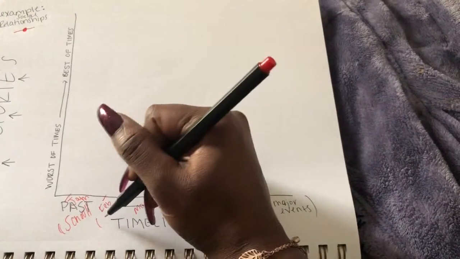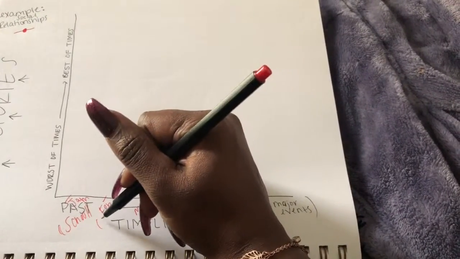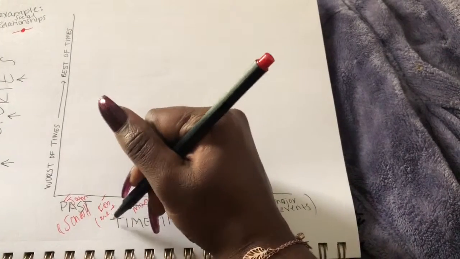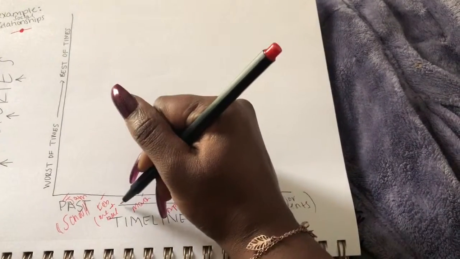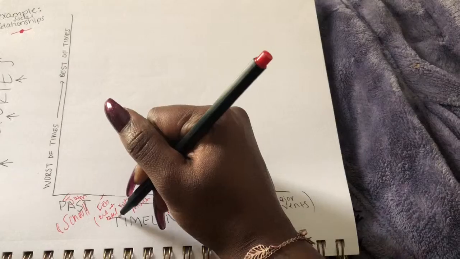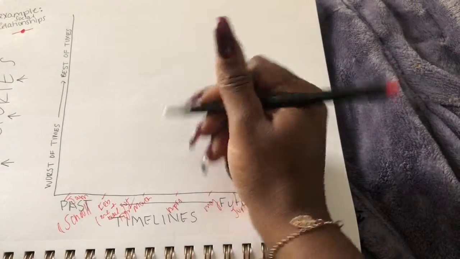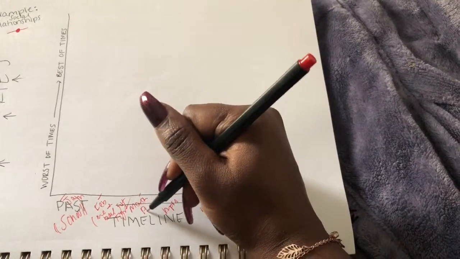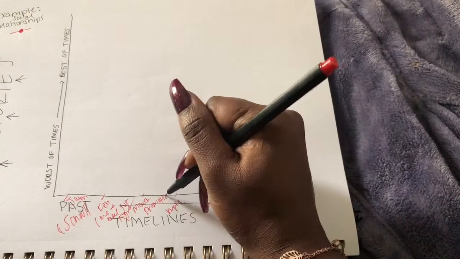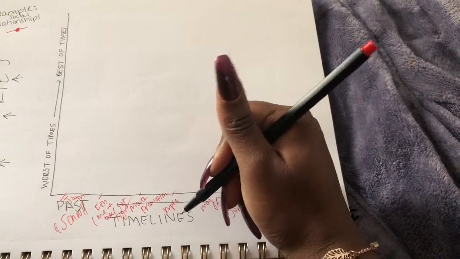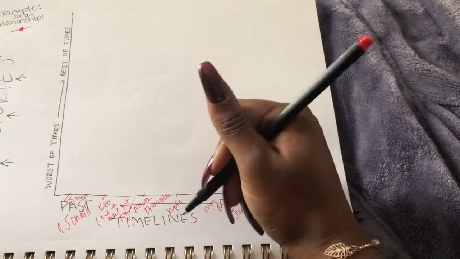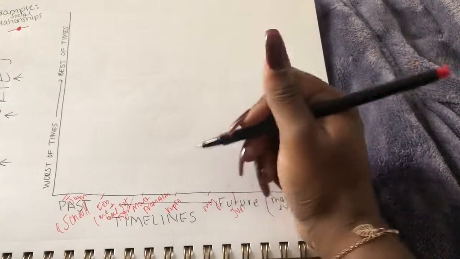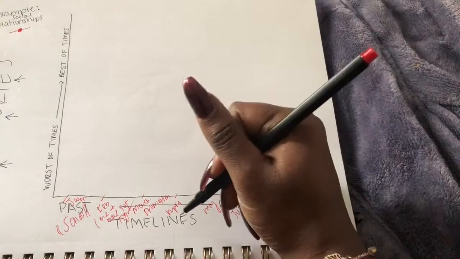And then February is when me and Bae got in the fight. And then March is when I got my promotion. And then April was just cool. Normal.